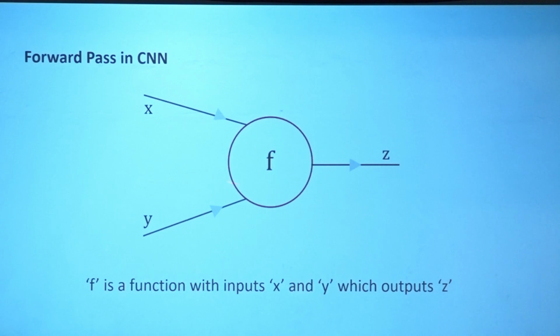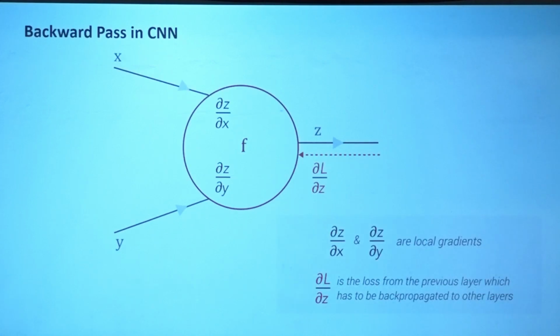If f is a function defined in terms of the input x and input y, which produces the output z, which is happening in the forward pass, then when you think about the backward pass, after calculating this z value at the next level, you can calculate the loss value. Once you have calculated the loss value, during the derivative part you start from dou L by dou z at this unit.